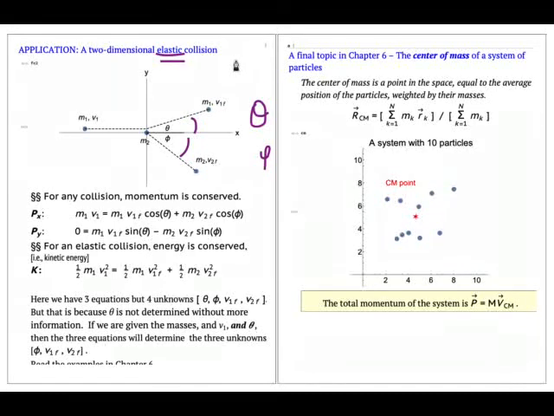And now write down the equations that'll describe the collision. Well, for any collision, momentum is conserved. So we can say the initial momentum is the same as the final momentum. Now, momentum's a vector. So we have to divide the momentum into the x component and the y component.